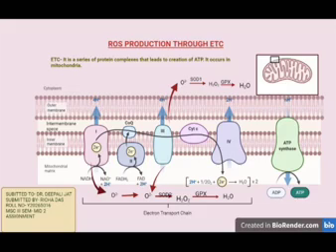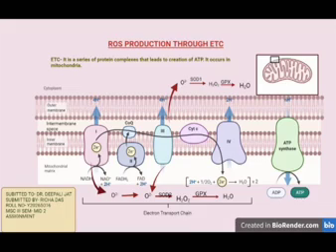ROS can be generated in the matrix at both sites, known as 1F or FMN site and 1Q or Q binding site, during the transfer of electron from NADH to Q in C1.